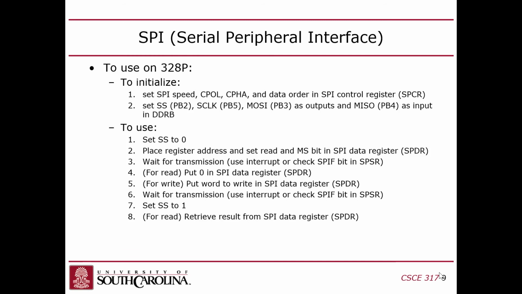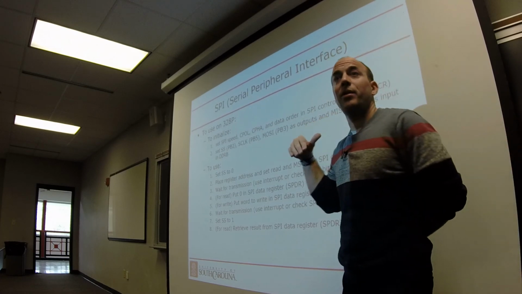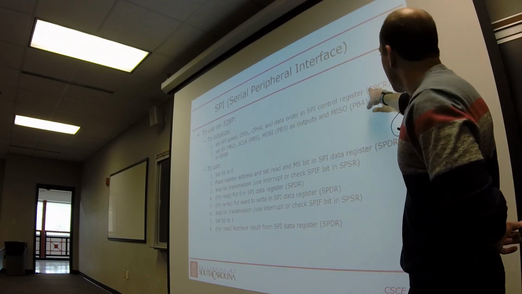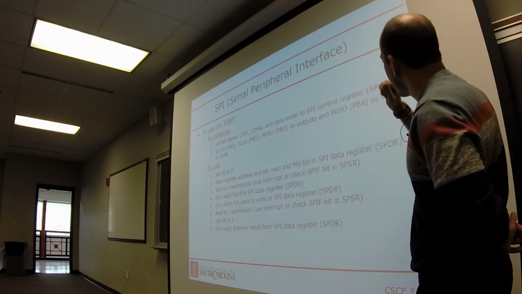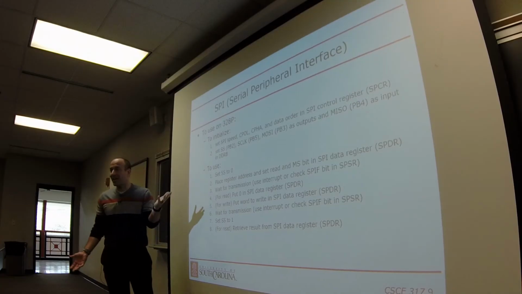But basically, you want to set the SPI speed and the configuration parameters, CPOL, CPHA, and the data order, the bit order, right? Whether you transmit the least significant bit first or the most significant bit first. And these are all specified in the SPI control register, SPCR. And then you have to set, this part kind of surprised me, the data direction register for the SPI pins, right? I kind of thought that if you're using SPI, the hardware ought to override that anyway, but it doesn't.